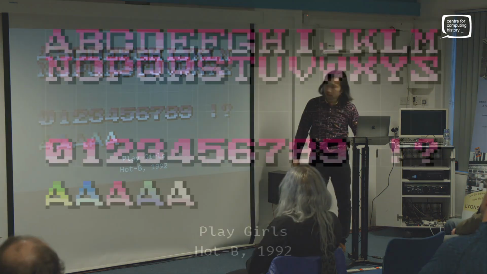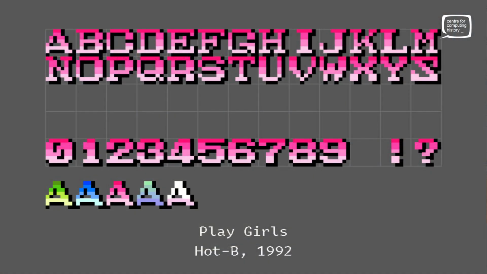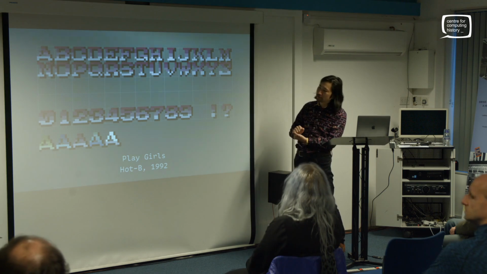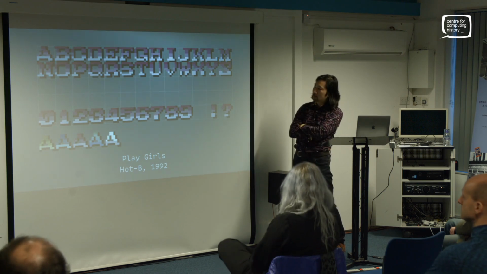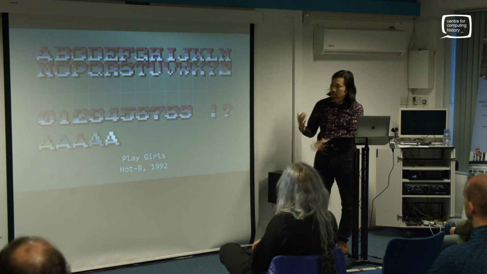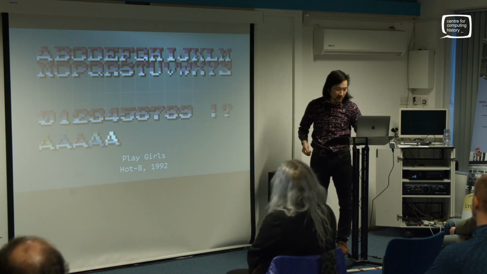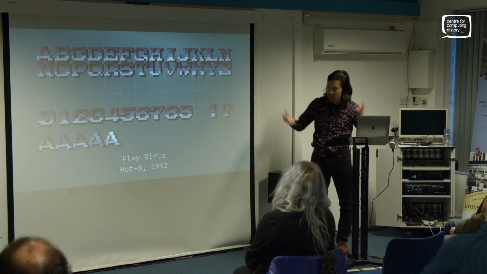And here's a typeface. I think it's from South Korea, if I'm not mistaken. And Playgirls is one of lots of adult-themed games. I don't think it was a mahjong game, but there are lots of pornographic ones, and this was one of them. So it has to be pink.